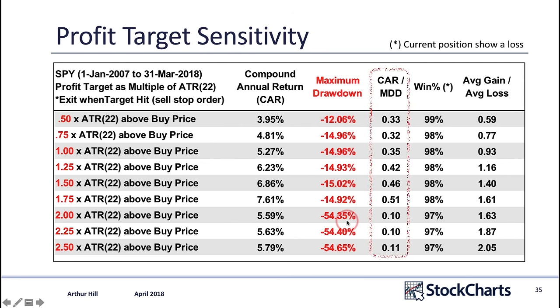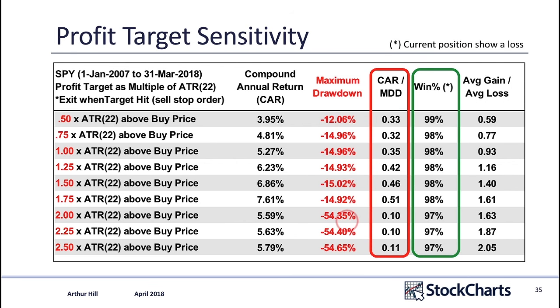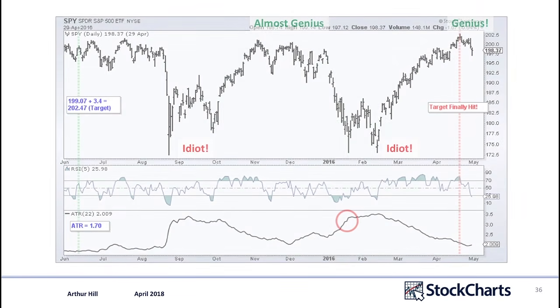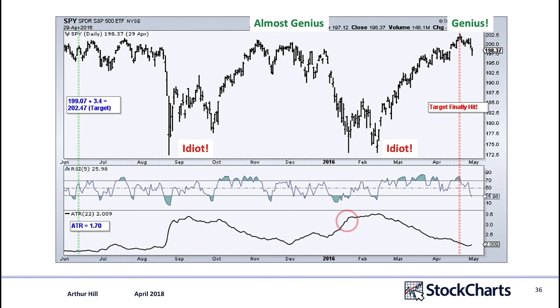Now you might notice that the win rate there is almost 100%, and actually it is 100%, because the only losing trade is the current trade, because prices always come back to hit your profit target. I mean, unless we have a multi-decade downtrend. But here's an example of a trade that you really couldn't trade yourself.